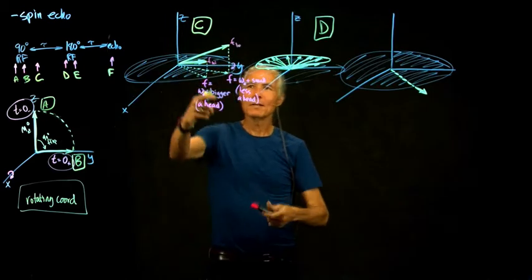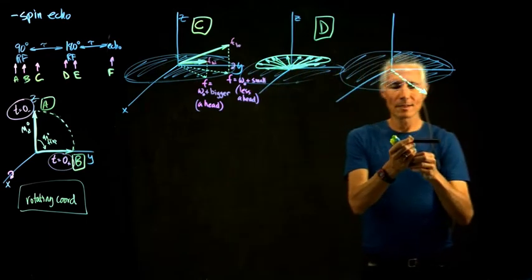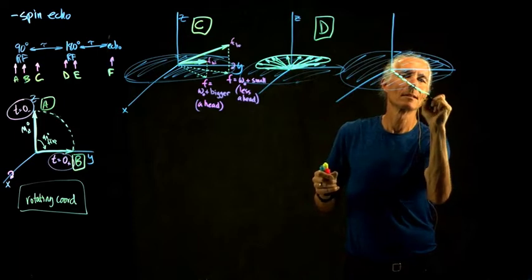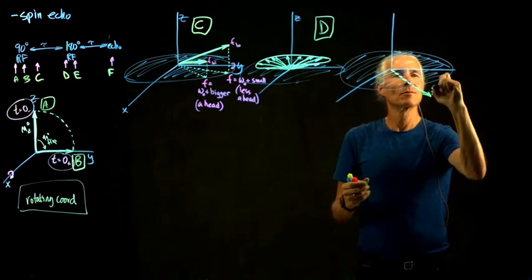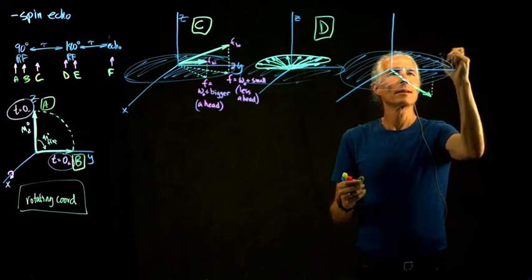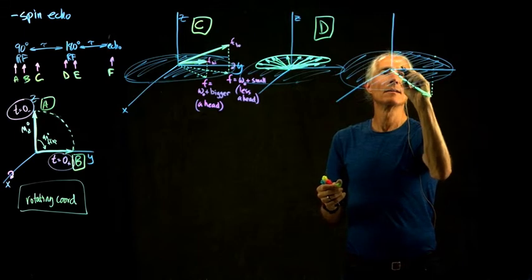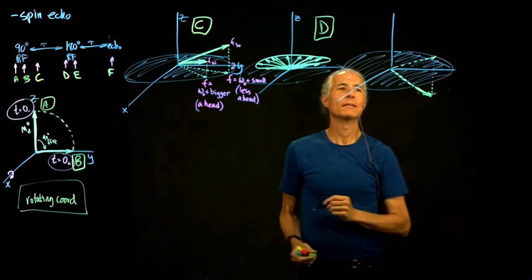So if we rotate that guy around, where is he going to go to? He's going to go out a little bit more, and project up to a point here. So here's the transverse magnetization from that guy.